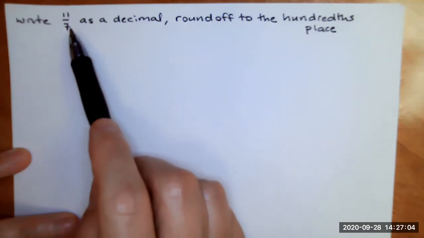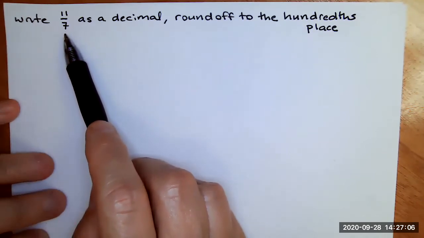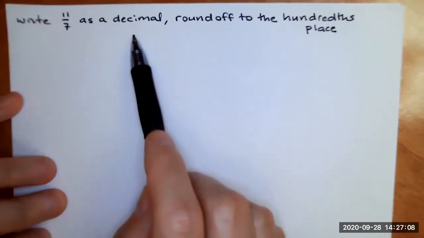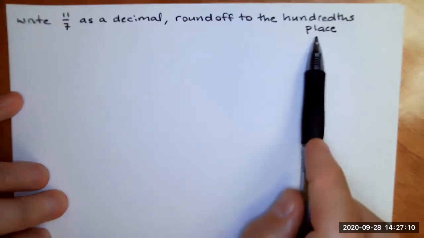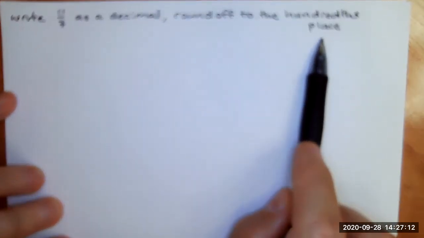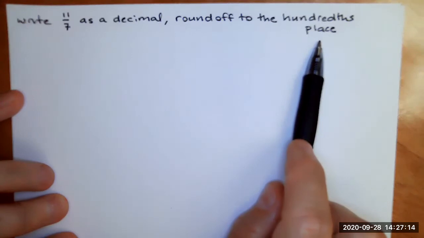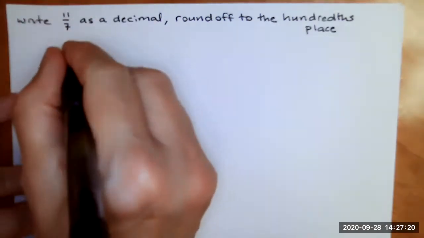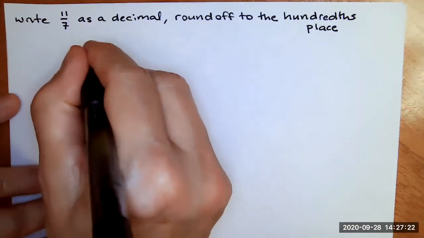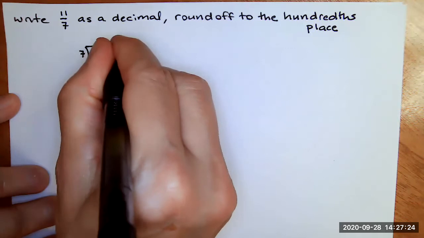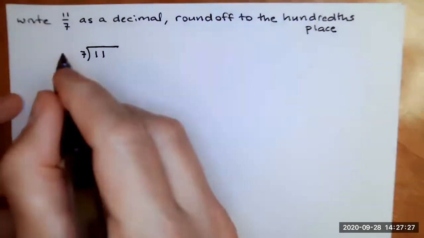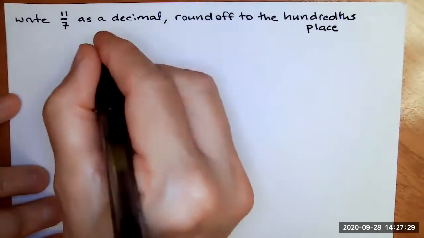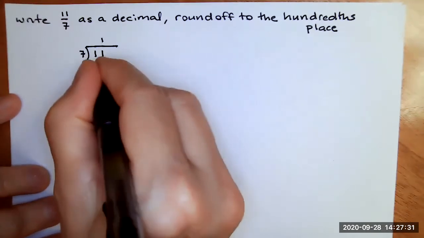All right, let's try another example. Write 11 over 7 as a decimal. Round off to the hundredths place. So this would be a good time to hit the pause button and try this one on your own. All right, so we'll put the 11 on the inside. 7 goes into 11 one time.